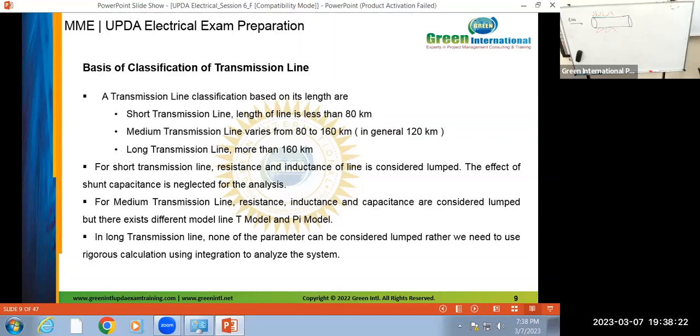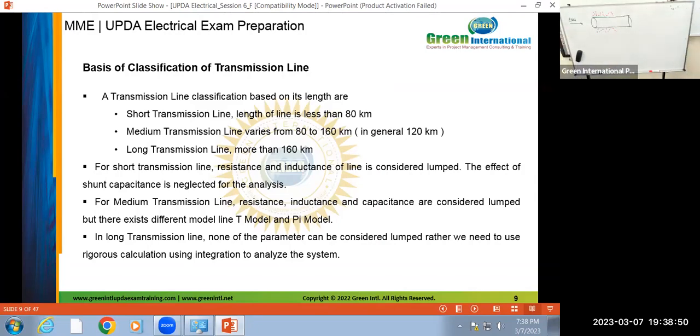Less than 80 kilometers, we call a short transmission line. 80 to 120 kilometers, we call a medium transmission line. Above 120, we call a long transmission line. That's why we take 120 as a reference point. In your exam, they will use exactly 120 or a number near it, and by this way you may select the answer. So far, they haven't asked any questions related to this.